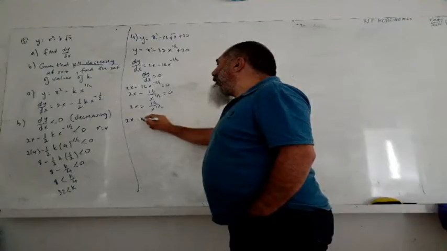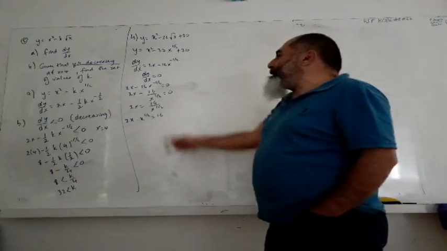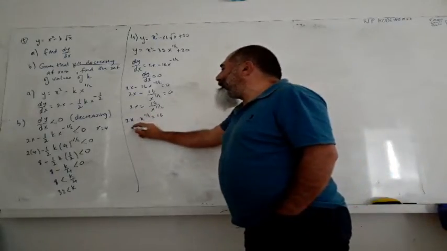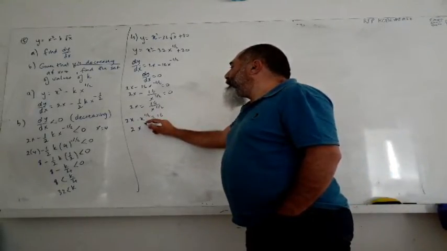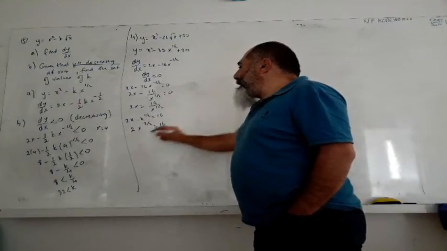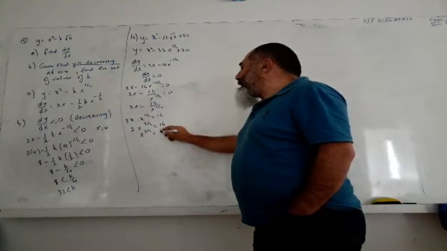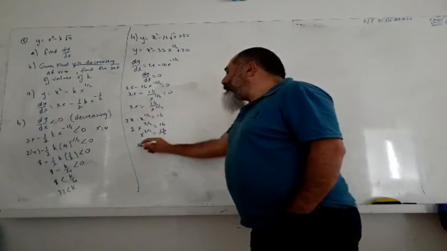We have multiplication, so we have to add the powers. 2x to the power of 3 over 2 is equal to 16. x to the power of 3 over 2 is equal to 16 over 2. x to the power of 3 over 2 is equal to 8.